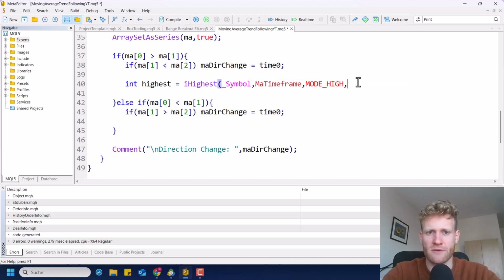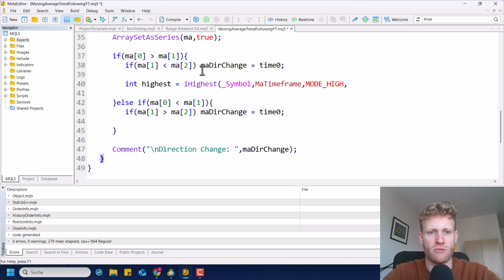And here it is important that we get... wait, how do we do this? We need to get the point of time when the MA direction change happened.